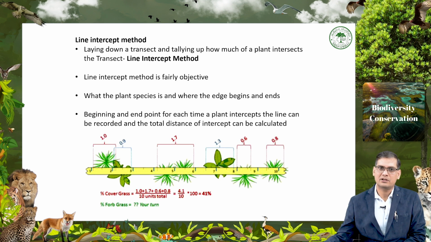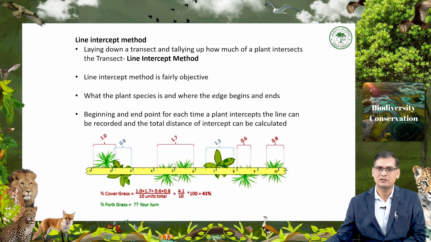Line intercept method. Laying down a transect and telling how much of a plant intersects the transect is known as the line intercept method. The line intercept method is a fairly objective method to determine the cover.